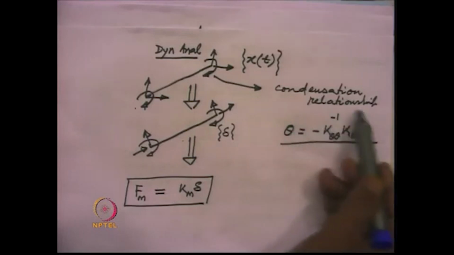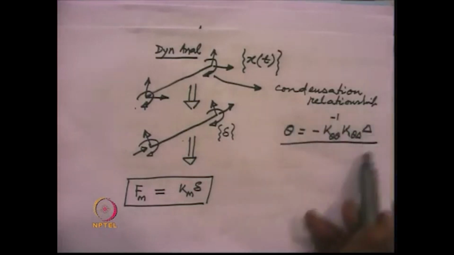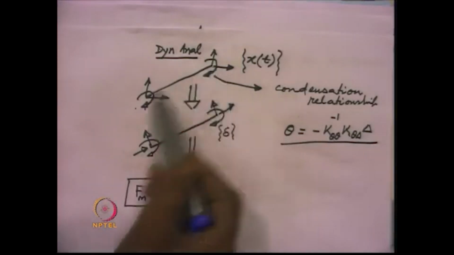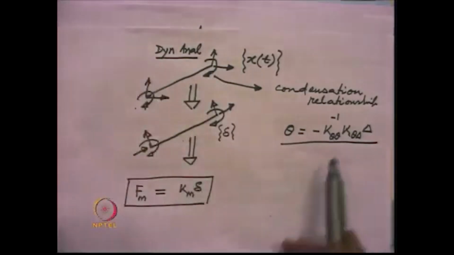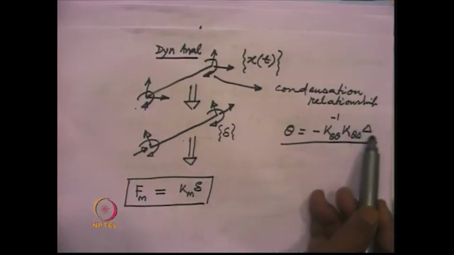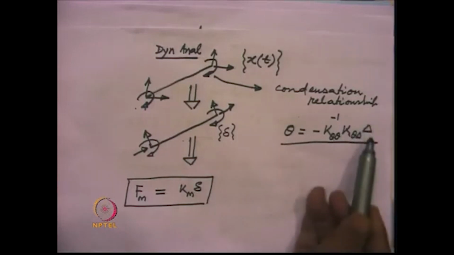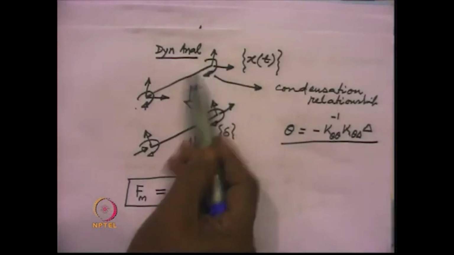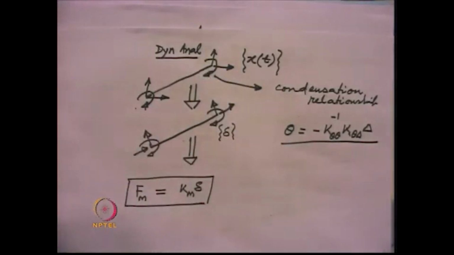With the help of this equation, we can find the value of theta at each node, because we know delta from the dynamic analysis. So, we now know the rotations also at each degree of freedom.